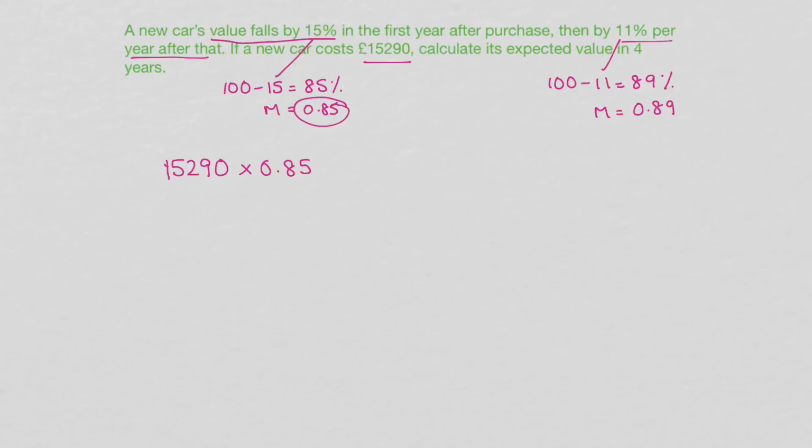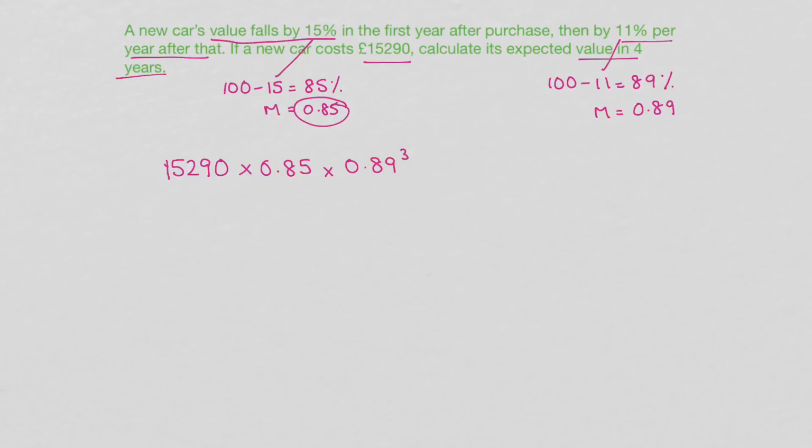If we're calculating the expected value in 4 years, for the first year it would be dropping by 15%, like we've got here. But for the other 3 years, it would only be dropping by 11%. So what we're working out there is our original value, that's after 1 year, and that's after another 3 years.